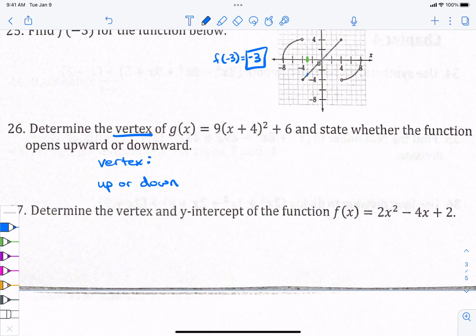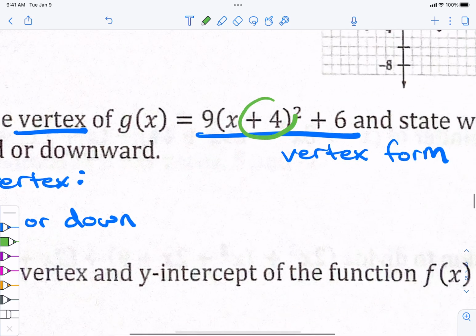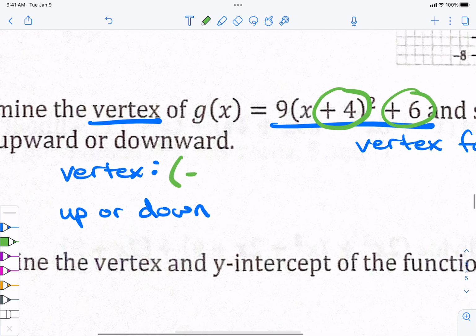Alright, so I know what I'm looking for. The vertex. This is in vertex form. Luckily, it's in vertex form. Do you remember how you find the vertex from that? Negative 4, 6. Yep, this guy is the opposite sign, and then positive 6 is your y coordinate. So negative 4 comma 6.